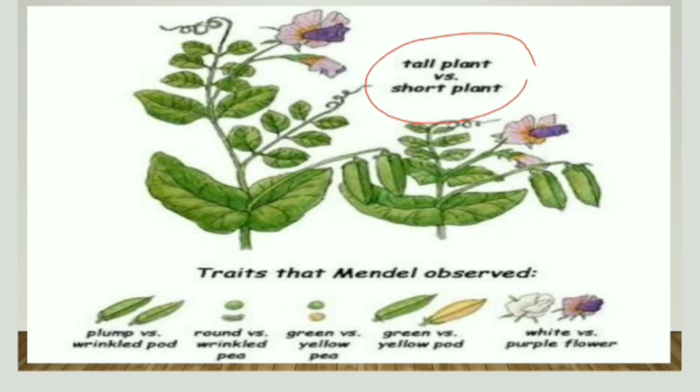Based on the observable characteristics, Mendel characterized a pea plant into a tall and a short plant.